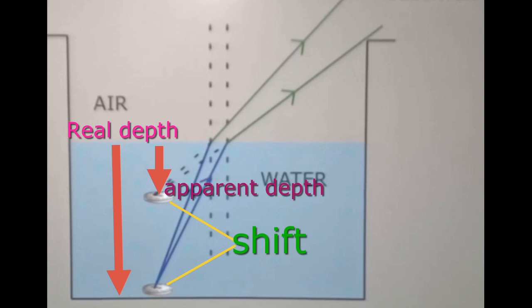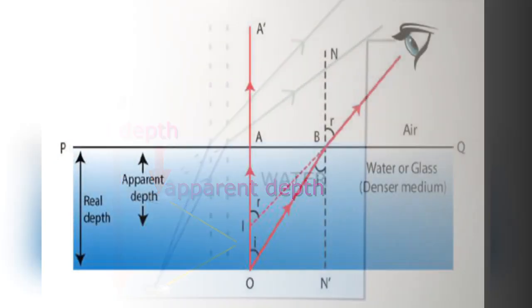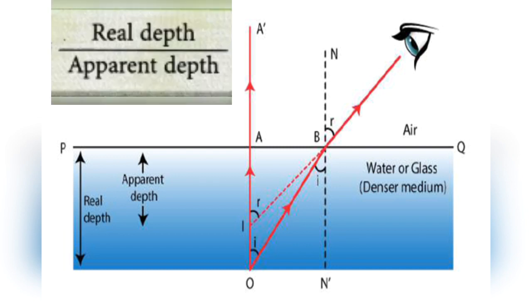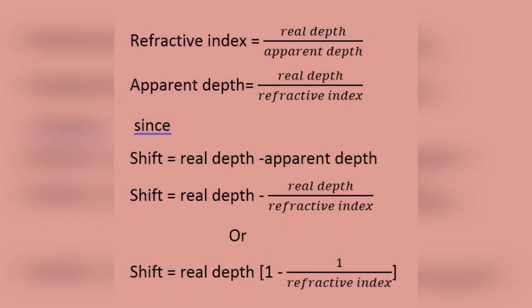It is experimentally determined that the refractive index of the denser medium is equal to real depth by apparent depth, or apparent depth is equal to real depth by refractive index.